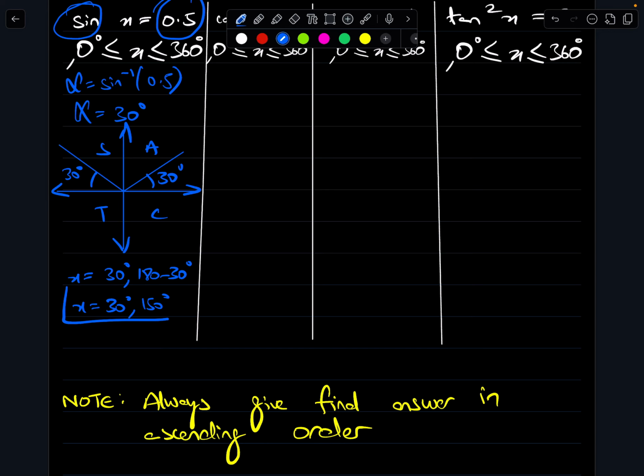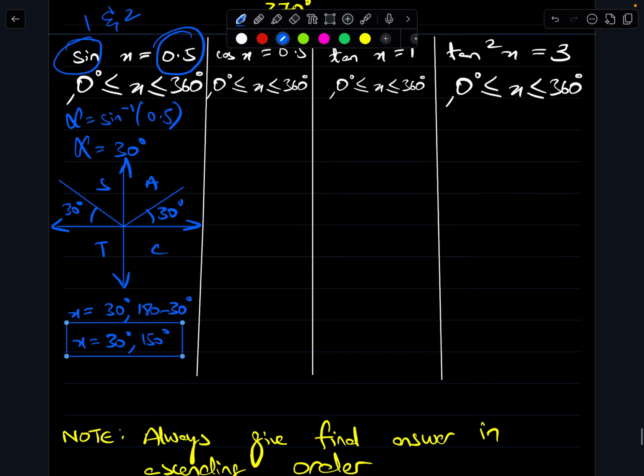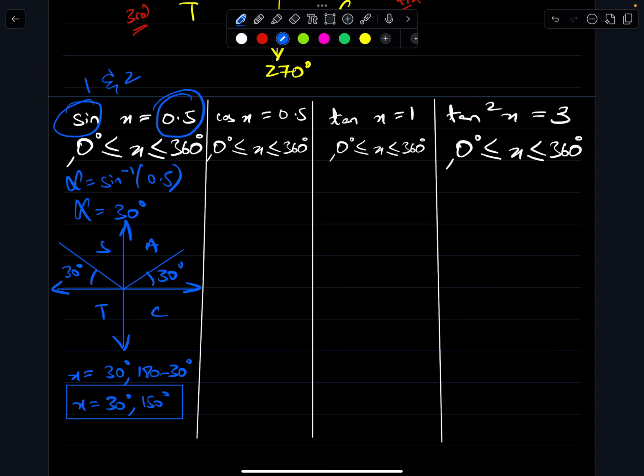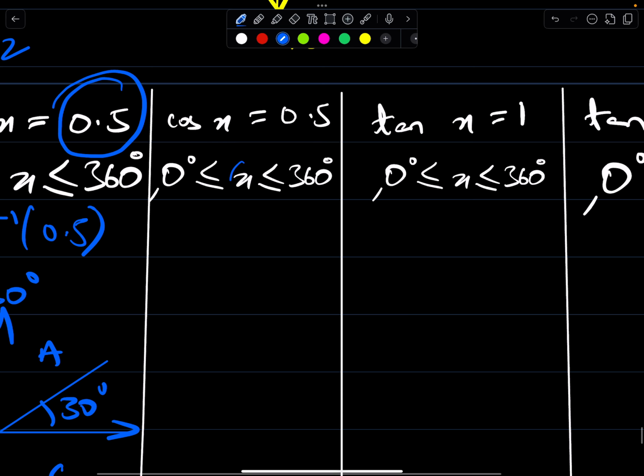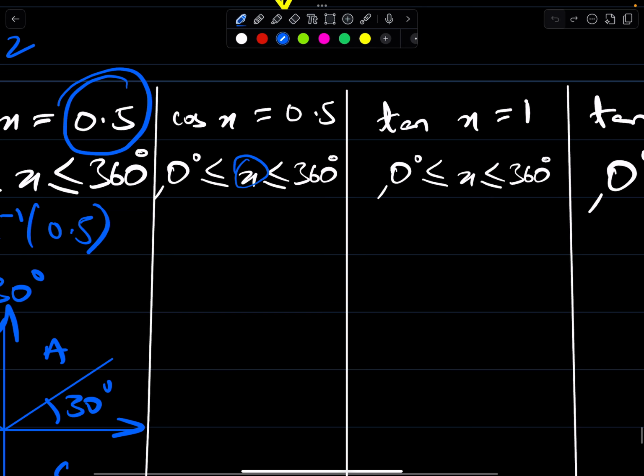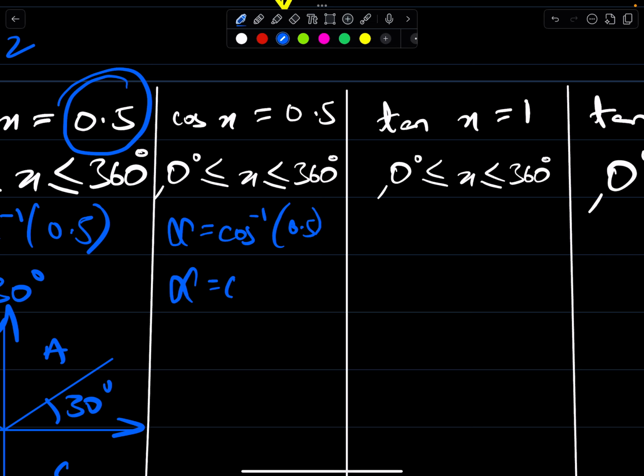Then, our second example. The angle is consistent with the range. Thus, the next step will be to find the basic angle, that is alpha. You will find that using cos inverse of 0.5, which turns out to be 60 degrees.